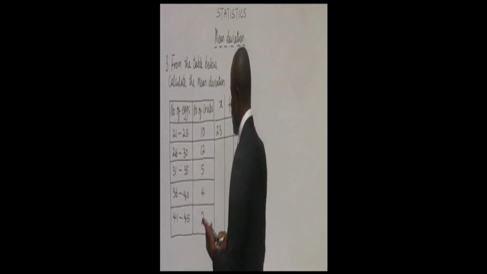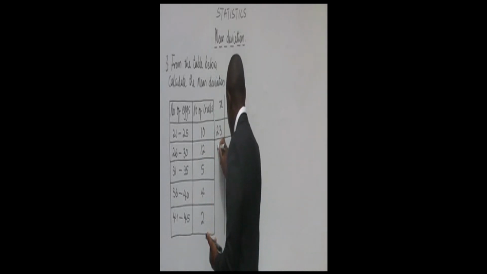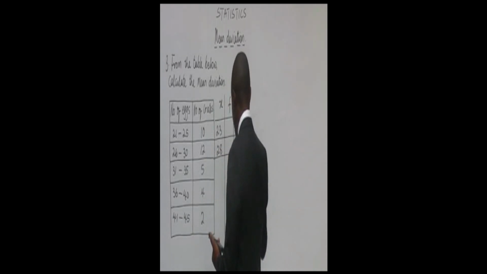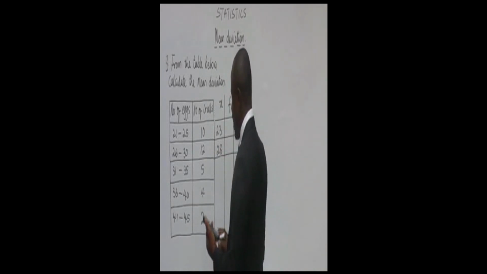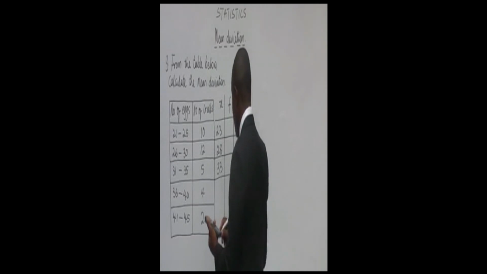Second, 26 plus 30 divided by 2, that's 28. You are going to use them as x in calculation. The next is 31 plus 35 divided by 2. We have 33 here, the mid class.